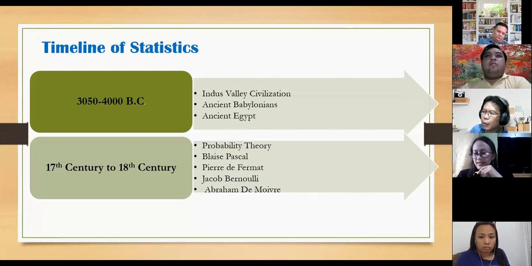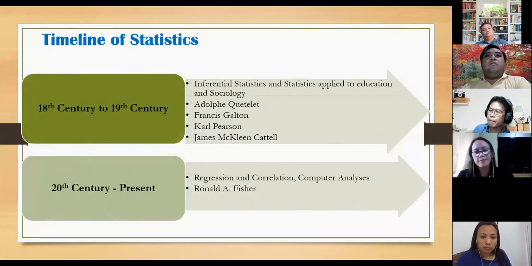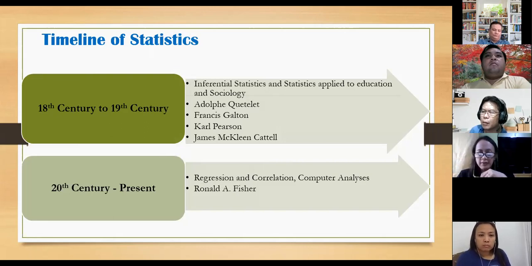Statistics may be said to have its origin in census, counts taken thousands of years ago. As a distinct scientific discipline, however, it was developed in the 18th to 19th century, when we have inferential statistics and statistics applied to education and sociology.